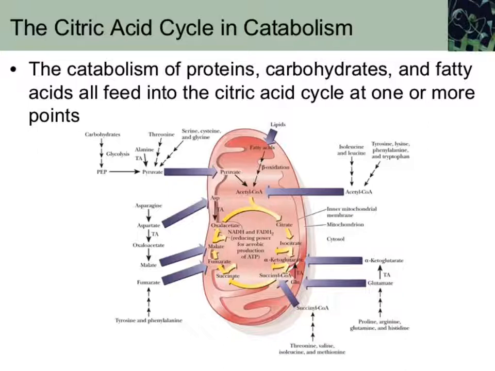So let's say pyruvate. Yeah, we can do pyruvate. Carbohydrates, not a super big deal, because what is glucose? A carbohydrate. Okay, so we could go through and convert that down to pyruvate. That's kind of our standard glycolysis pathway.